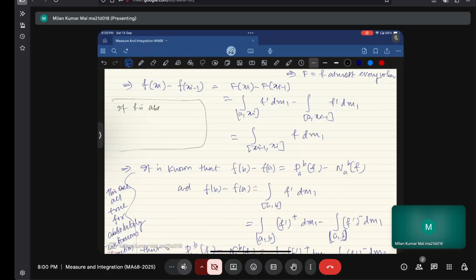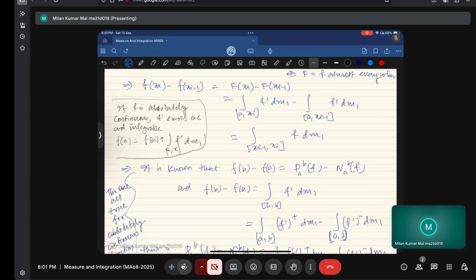If f is absolutely continuous, f dash exists almost everywhere and is integrable. Not only that, f of x is equal to f of a plus the integral from a to x of f dash dm1.